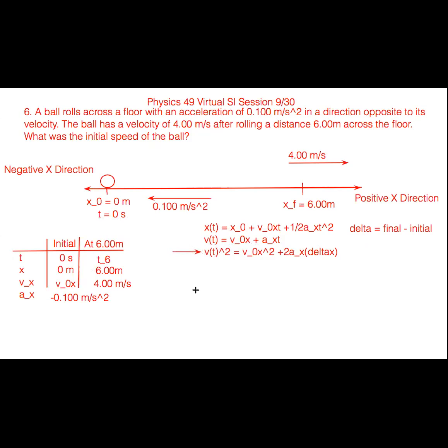So if we plug in our numbers, this is going to be v final x squared is equal to v initial x squared plus 2 times the acceleration, and then times delta x, which is just 6.